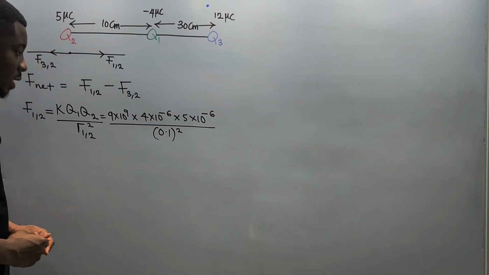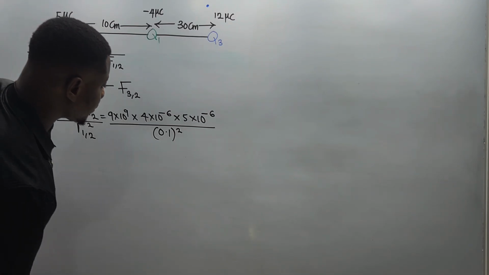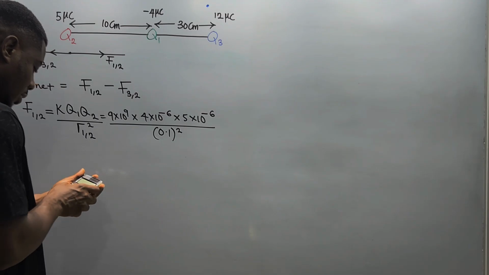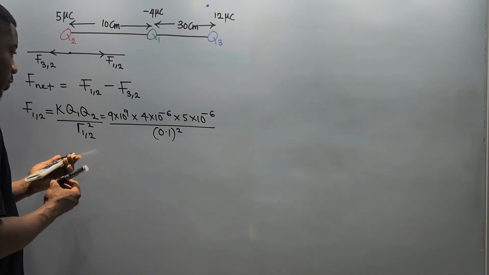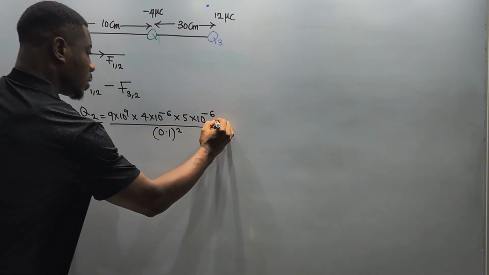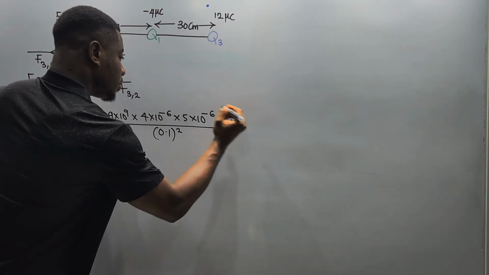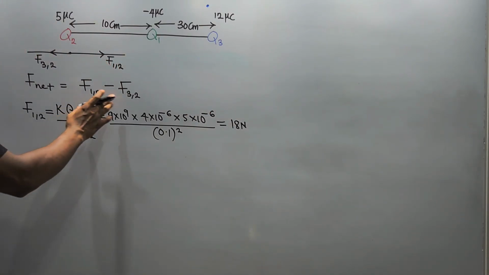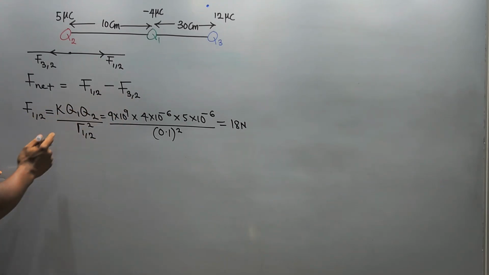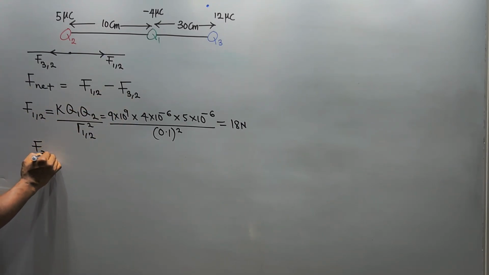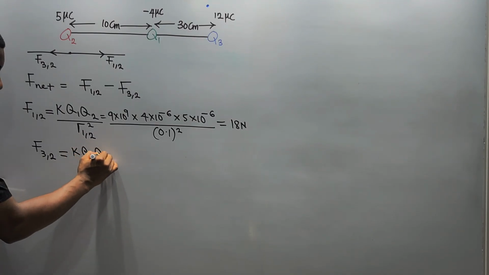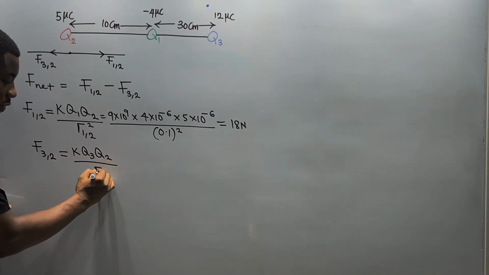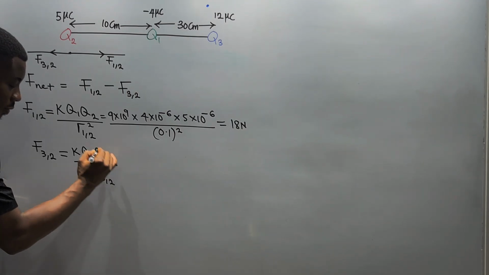Now we can easily use our calculator to obtain the values. 0.1 squared. The calculator gives us 18 newtons. We've done F1 on 2, so let's look for F3 on 2. F3 on 2 is K Q3 Q2 over the distance from 3 to 2 squared.